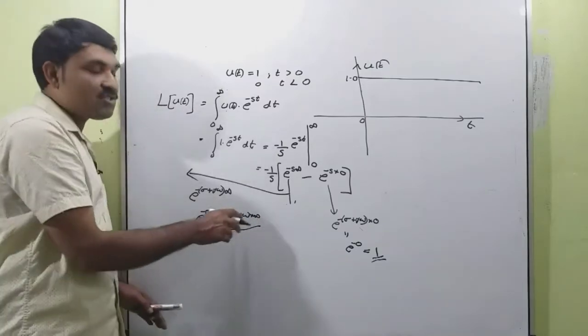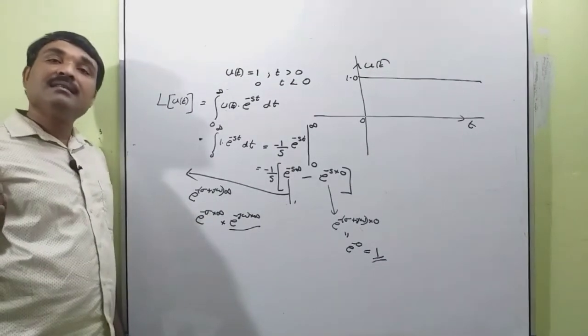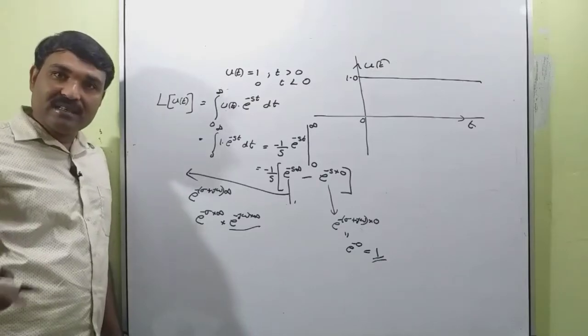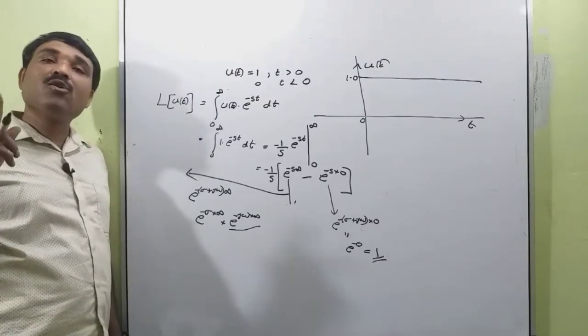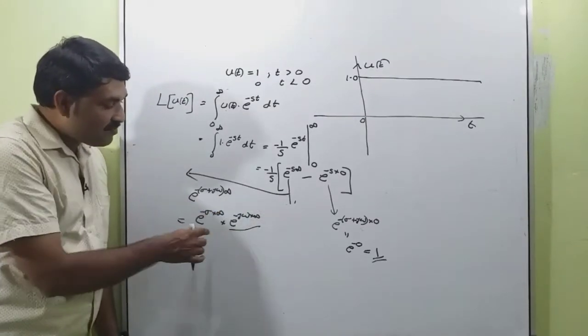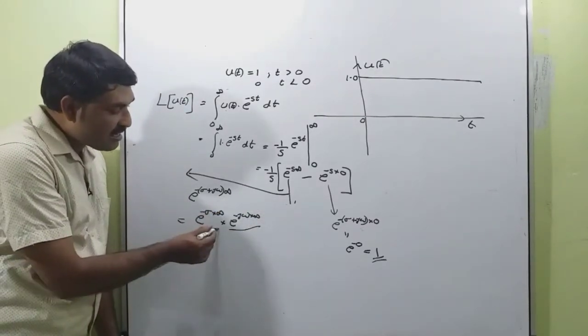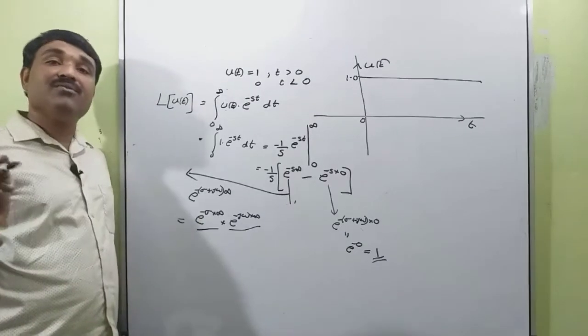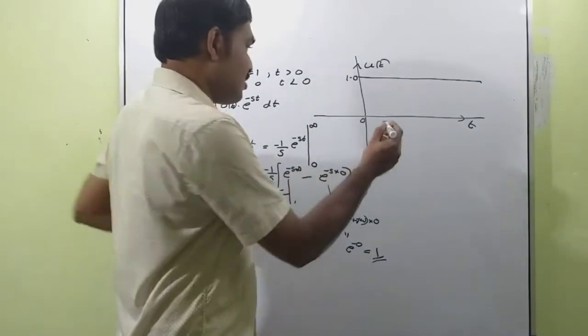Now we know that e raised to minus j omega is a unit vector rotating in the anti-clockwise direction. So the magnitude of this entire term is decided by the factor e raised to minus sigma into infinity.